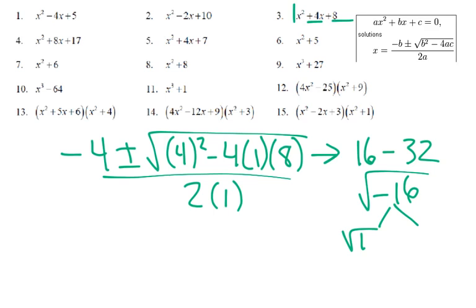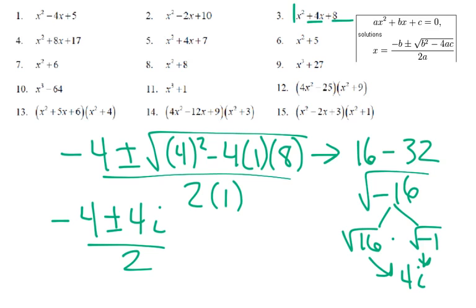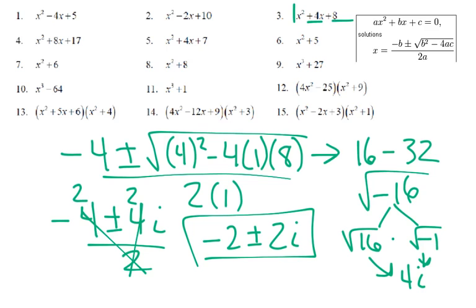So the square root of 16 times the square root of negative 1, you separate them. That's i. That's plus or minus 4. So we get negative 4 plus or minus positive 4i over 2. Once again, those cancel, leaving us 2, because 4 divided by 2 is 2, so we get negative 2 plus or minus 2i. And there's our answers. So there's our imaginary roots, which is what we were striving for here.